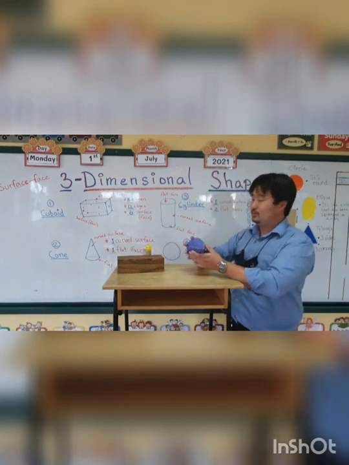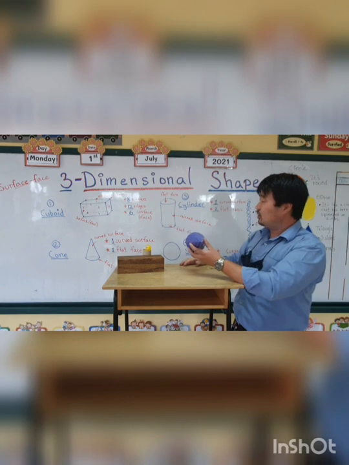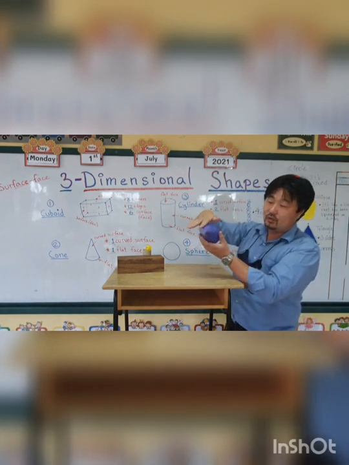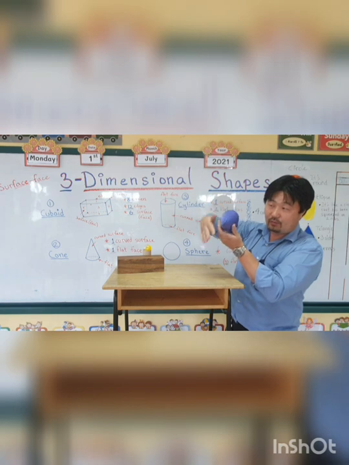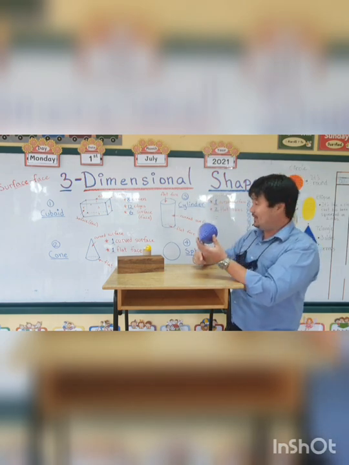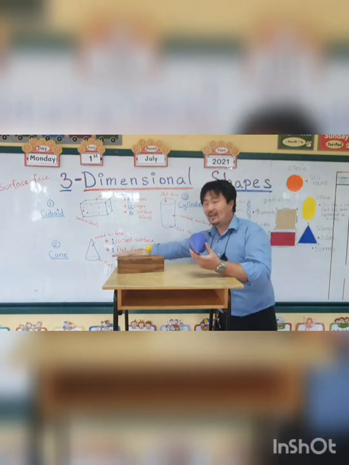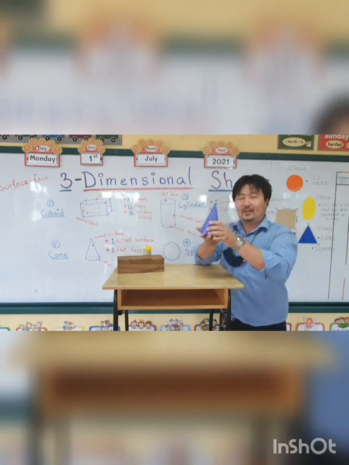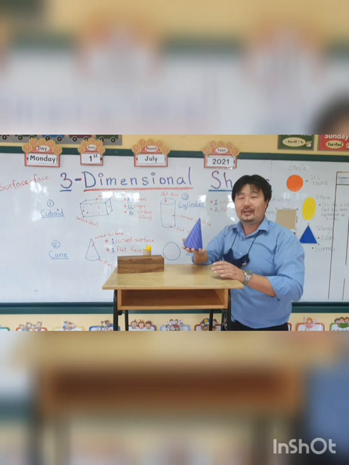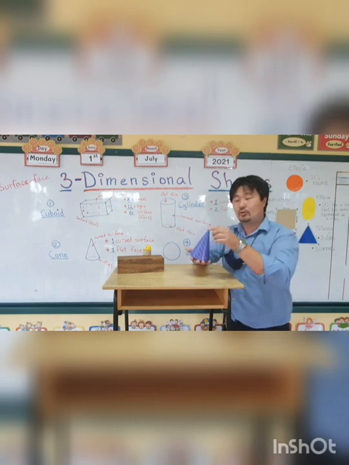The cone, it has one curved surface. You see, this is curved, and it goes all the way around. Okay? And then it has one flat surface at the bottom. Here. This is the flat surface. And that is what makes up a cone.